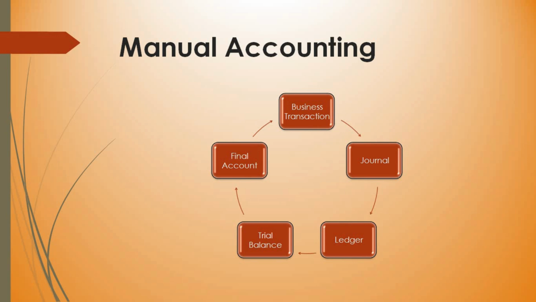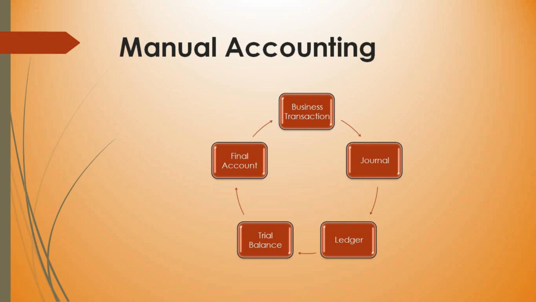Whenever a transaction takes place, the first thing you have to do is record that transaction in a book called journal. The second step is classifying the transaction by posting or transferring those entries into the appropriate accounts in the ledger book. And next, balancing the ledger.